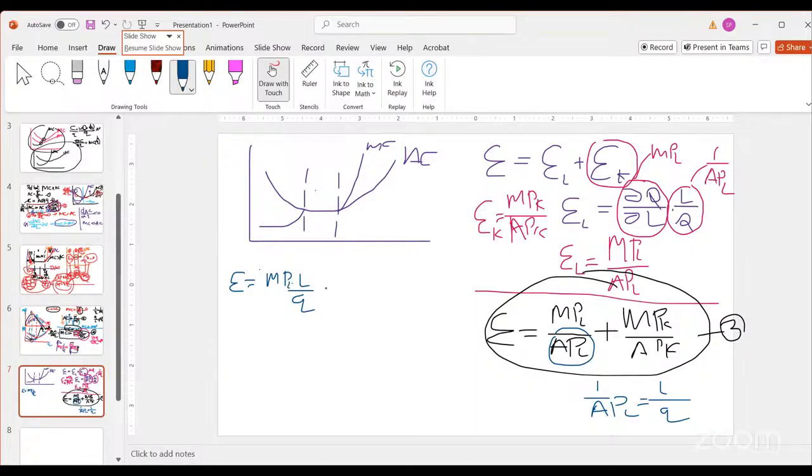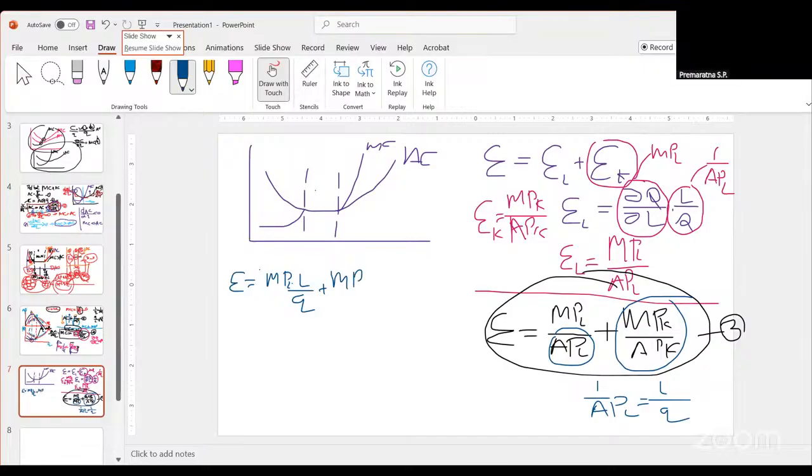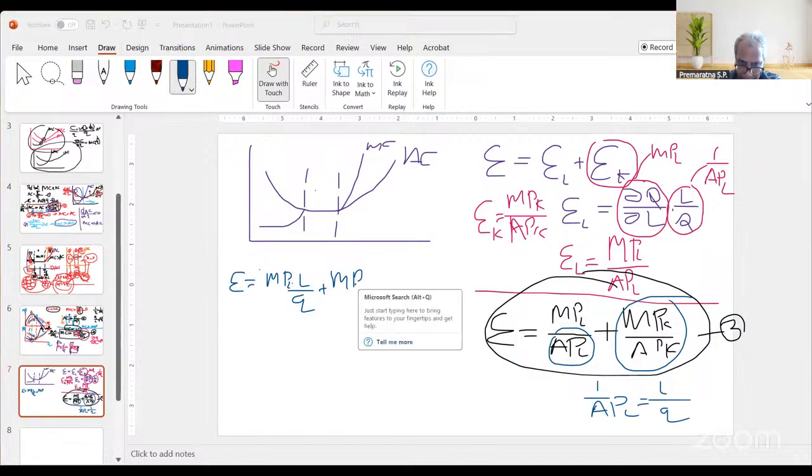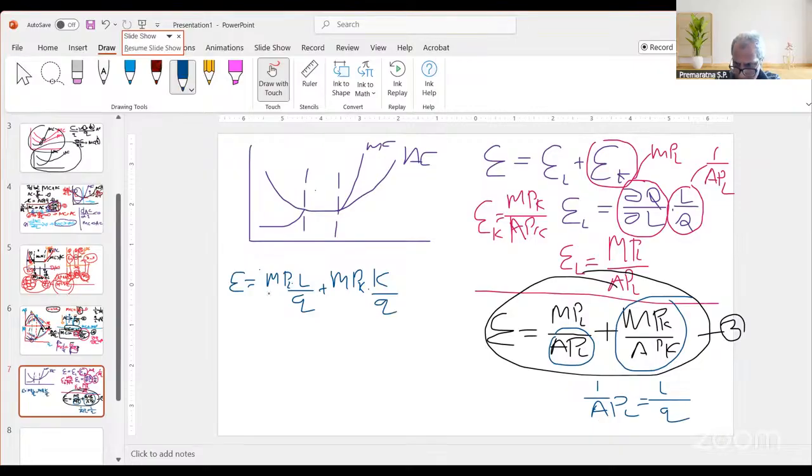And plus the second part of the equation, similarly, I can write marginal product of capital multiplied by K over Q. I hope you understand that is K over Q, meaning 1 over APK.